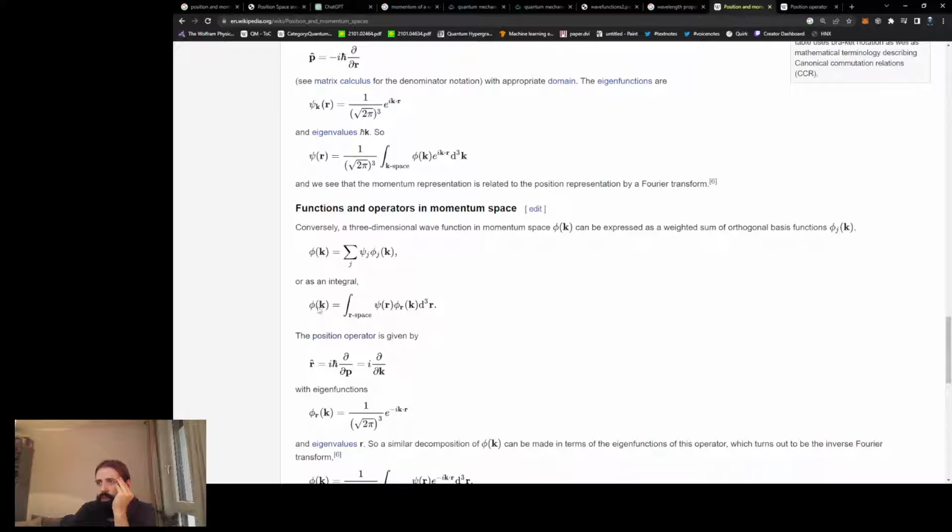So you're saying that the momentum thing is the same as integrating over all the possible positions times the wave function of position? That's what I'm not so sure about.